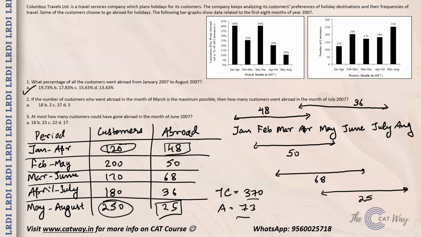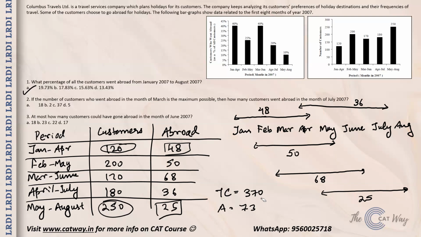Then coming to the next, what do we have is that if the number of customers who went abroad in the month of March is maximum possible, then how many customers went abroad in the month of July, it is asking. All right guys, so what we have been given is that March to June has been given as 68.